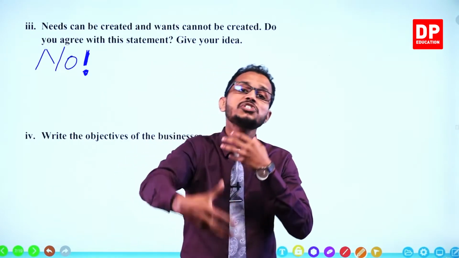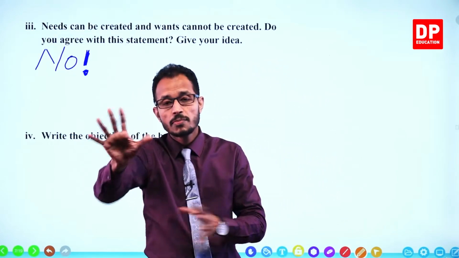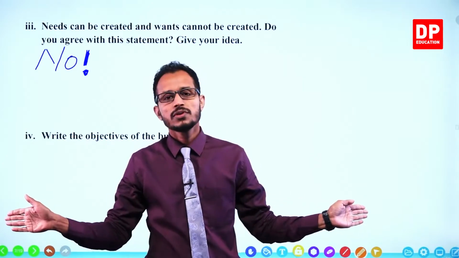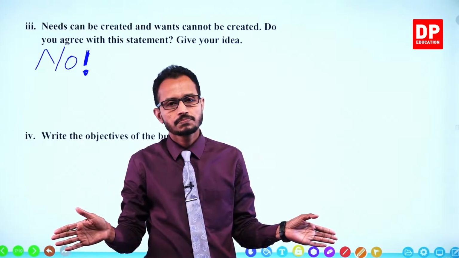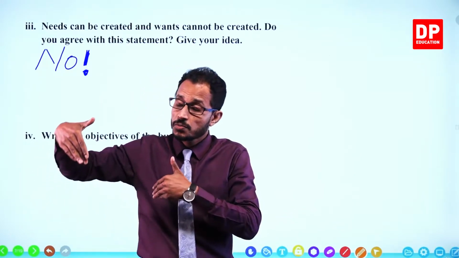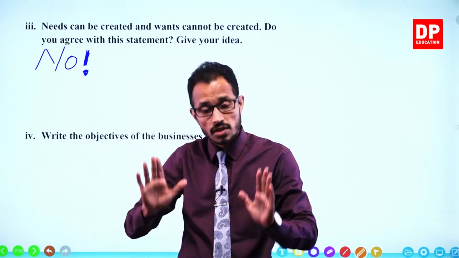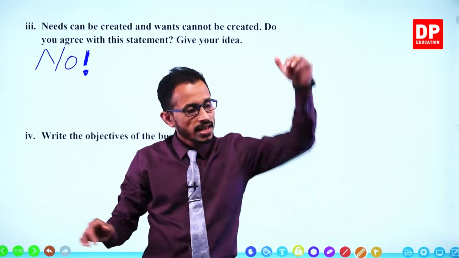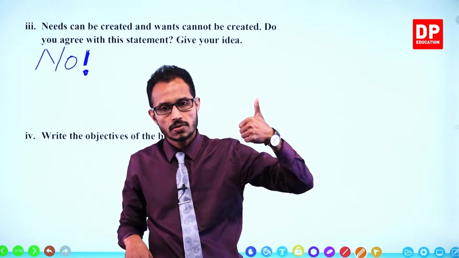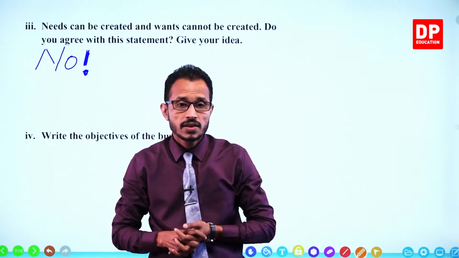With the evolution of mankind, our needs have broadened a little bit. But the basic ones from the very beginning of mankind are still there, like food and water, clothing, shelter.